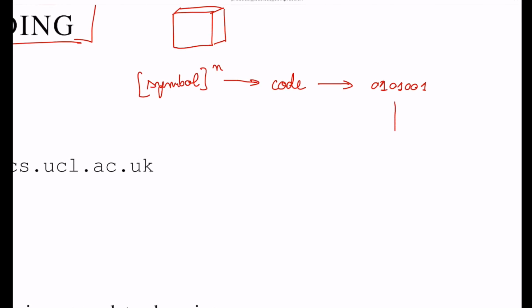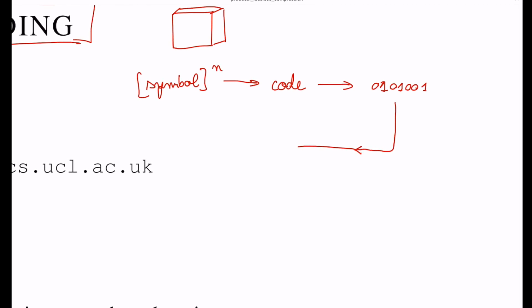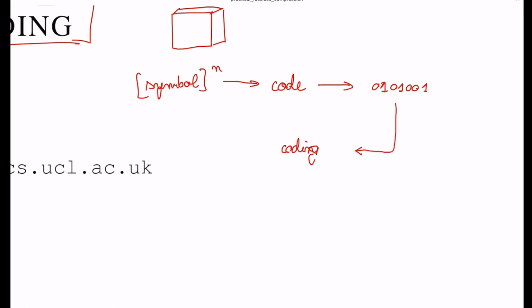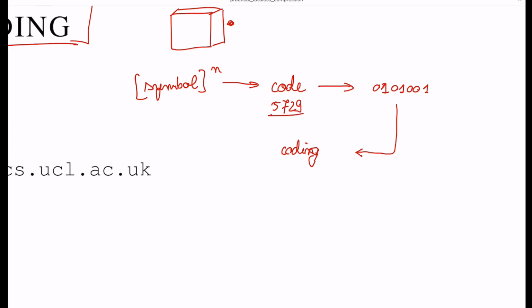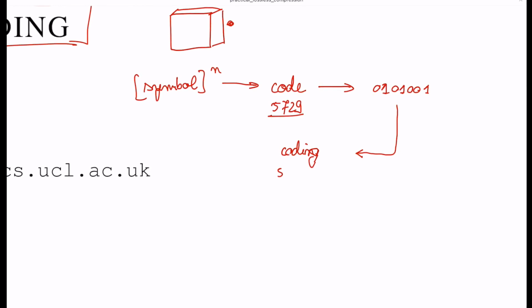Now the other party will take this binary string and create back this coding, right? This coding can be, for example, a natural number. So you will take your image and compress it into a natural number, let's say. Then the receiver is going to get back this natural number.